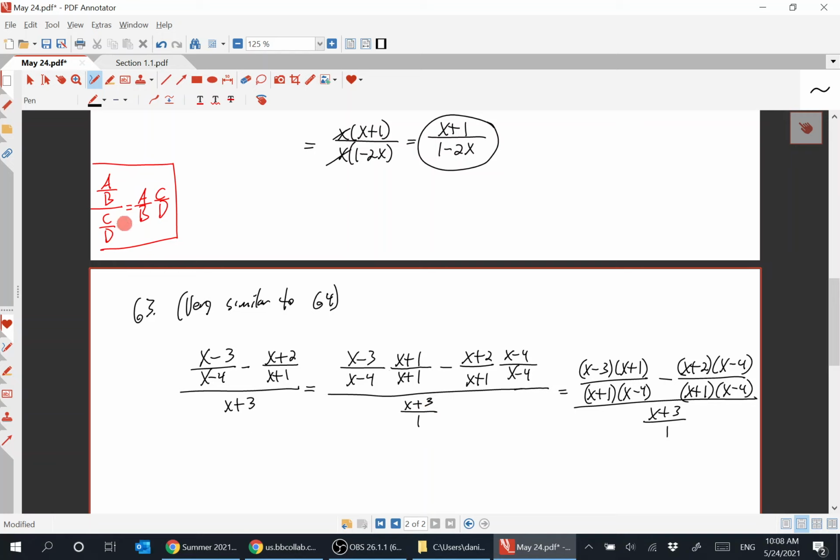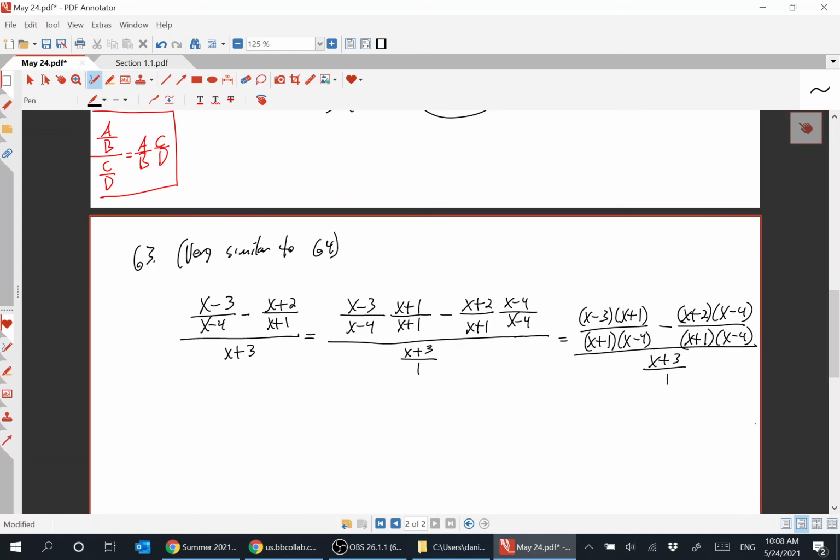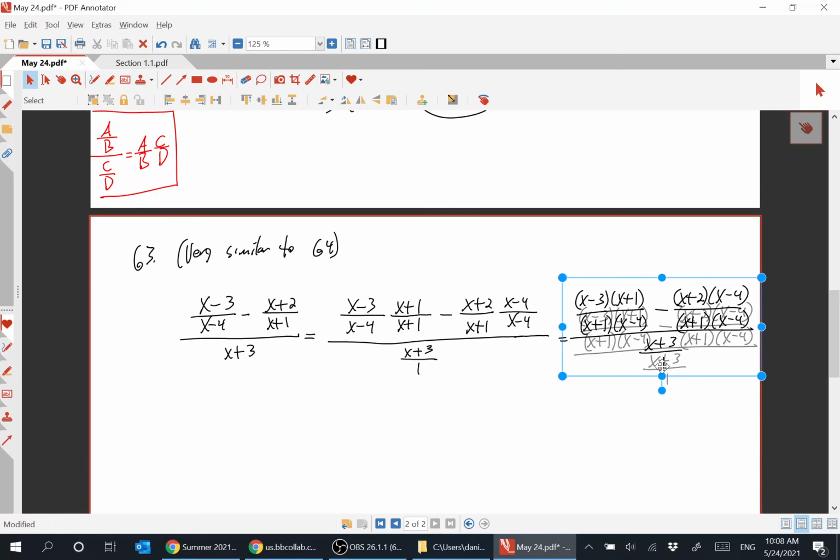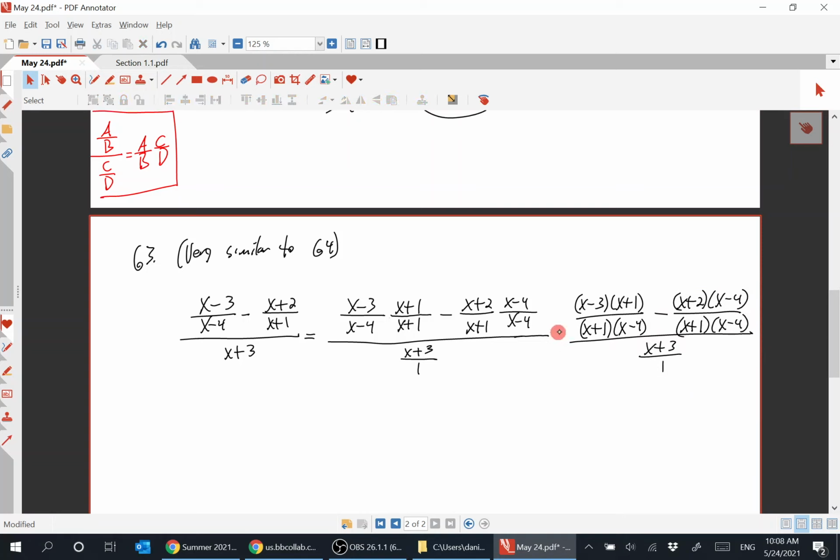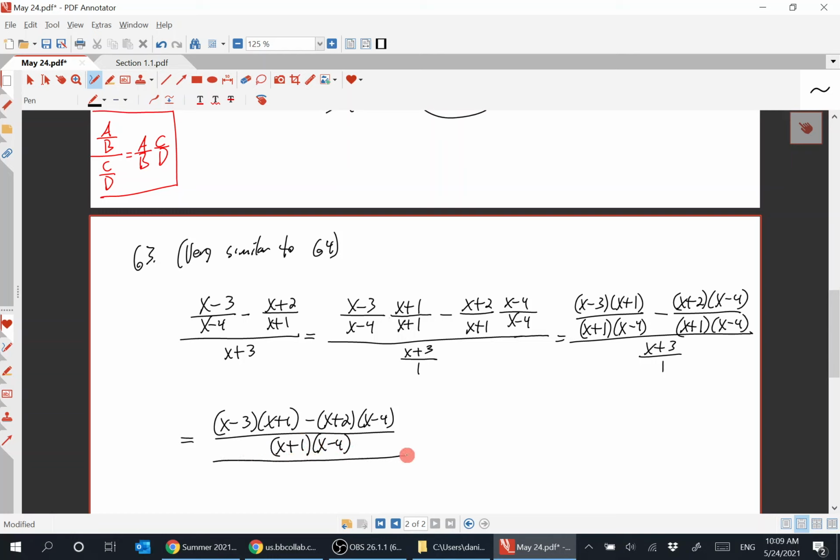That's what we need to do here to eventually apply this thing. So far we're here. Now I've got a common denominator with those two fractions, so I can actually subtract them. So x minus 3 times x plus 1 minus x plus 2 times x minus 4 over x plus 1 times x minus 4, over x plus 3 over 1.